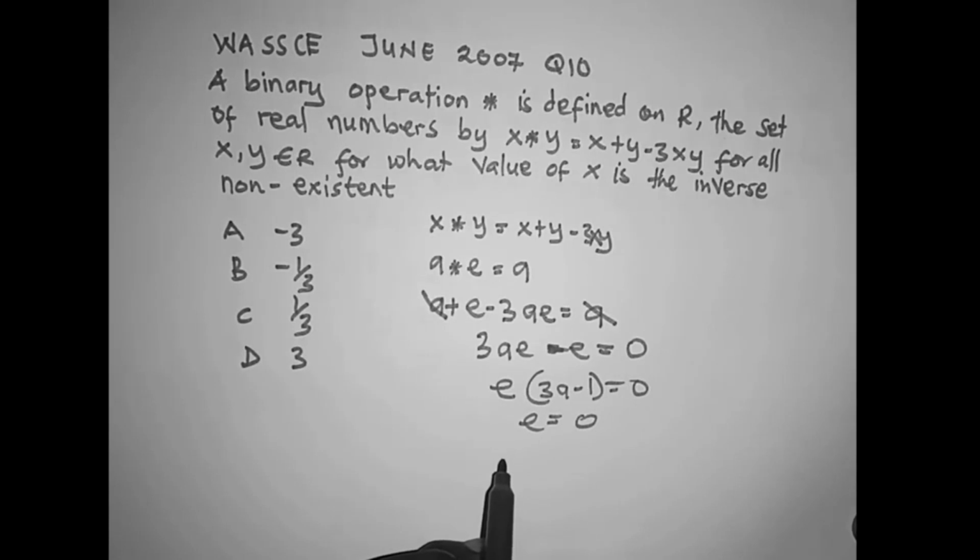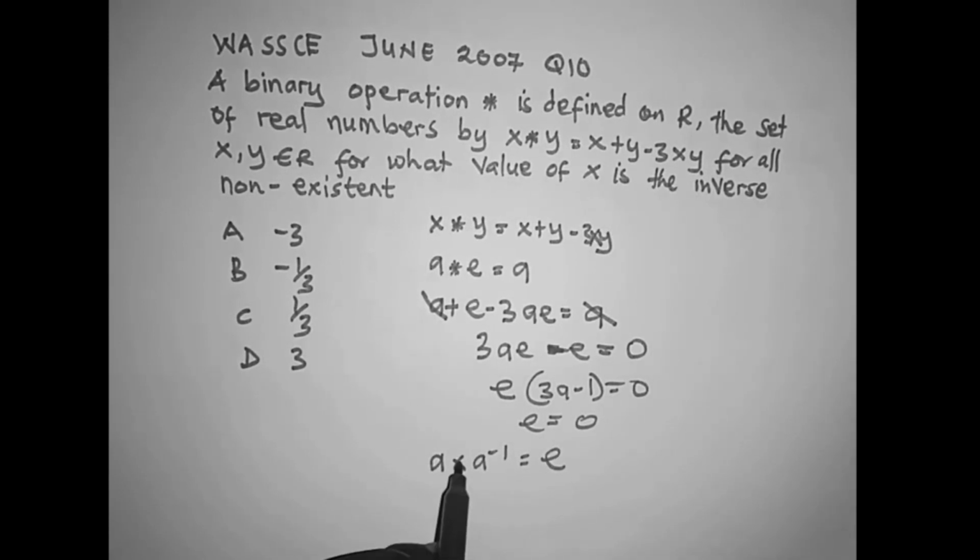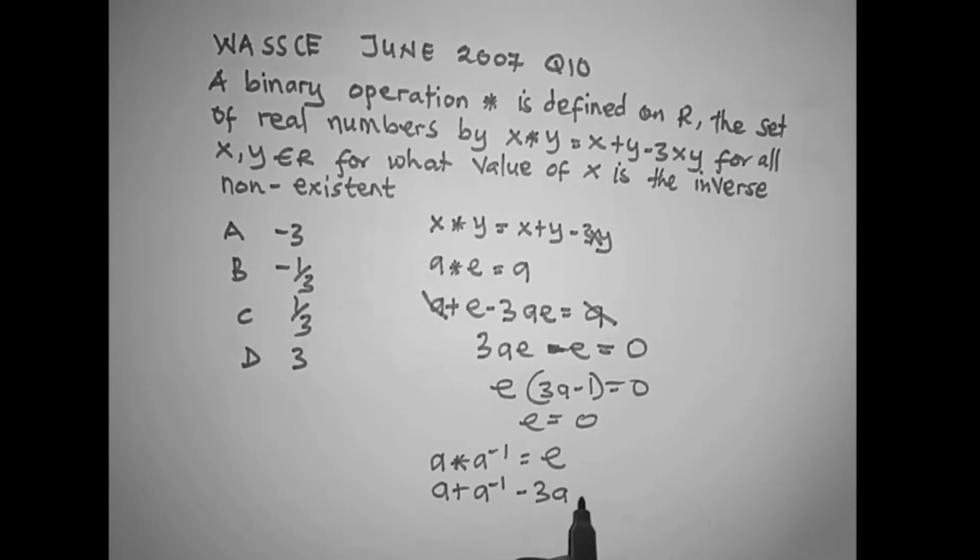Then we'll come and do A operation A inverse is equal to the identity element. So what is A operation A inverse? It is A plus A inverse minus 3A A inverse is equal to the identity element, which is 0.